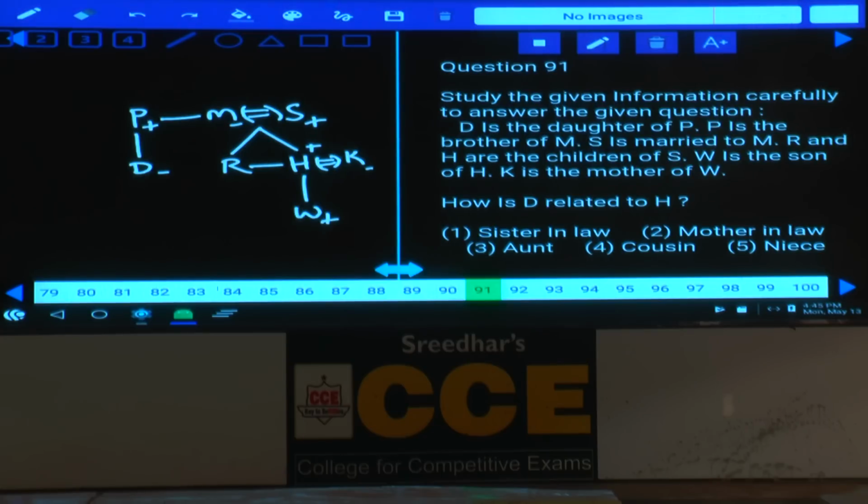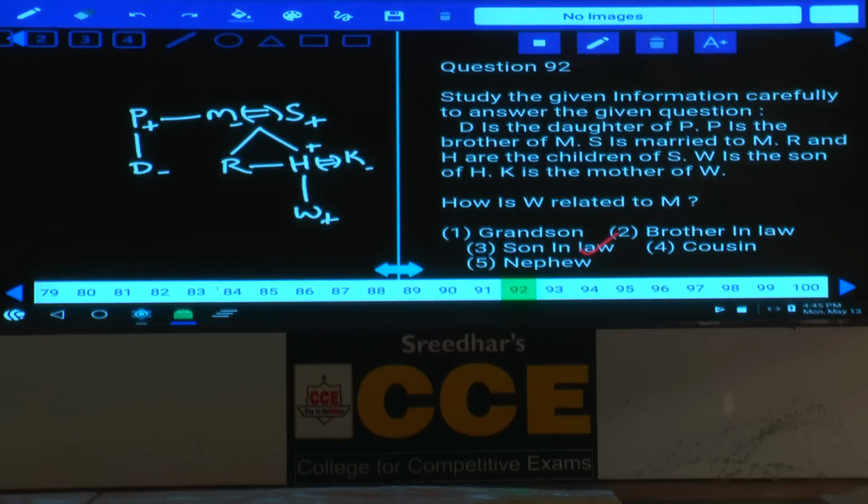Now R and H are siblings, and H's mother is M, mother's brother is P, that is uncle, uncle's daughter is D. That means uncle's children are cousins, cousin, that is choice 4. 91, it is choice 4. Then coming to 92, how is W related to M? Now M's son is H, son's son is grandson, that is choice 1. 92.